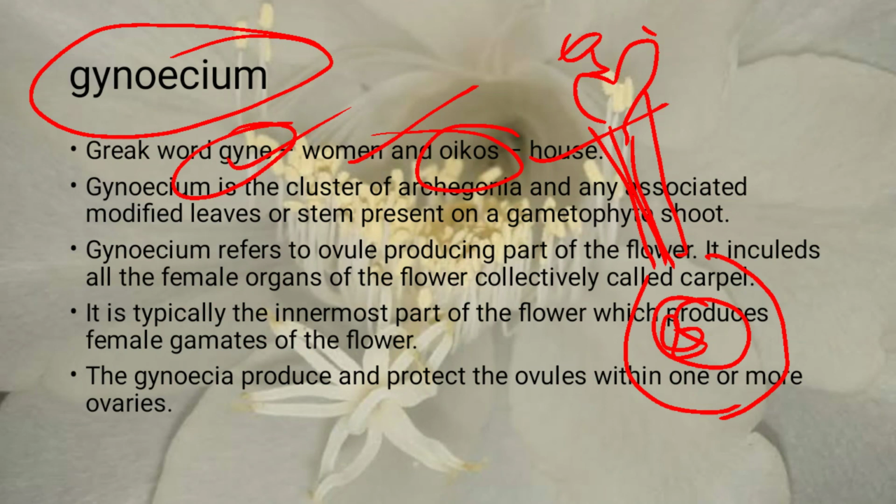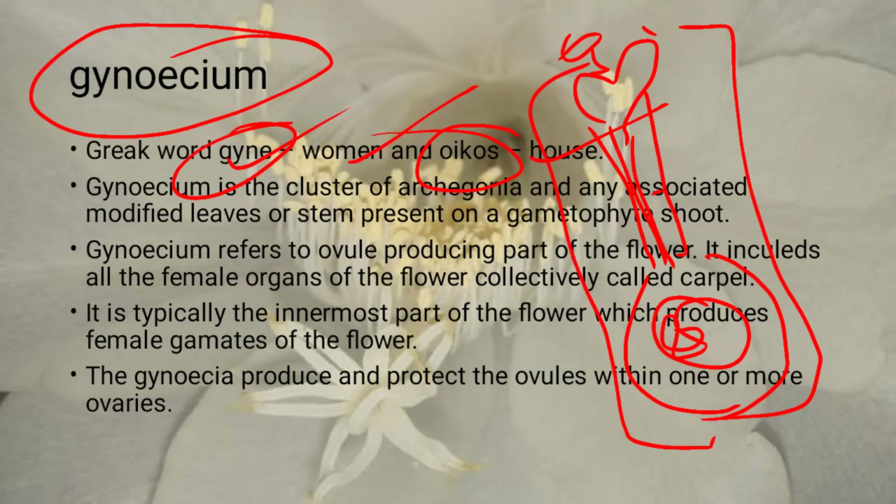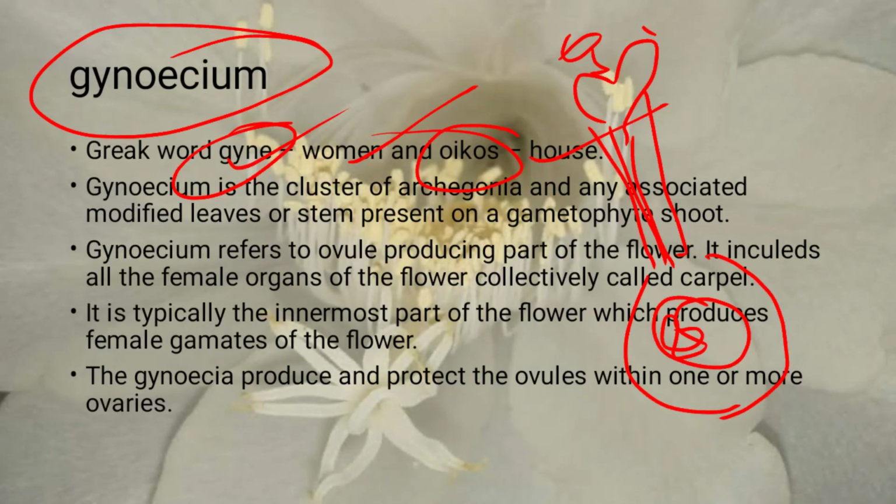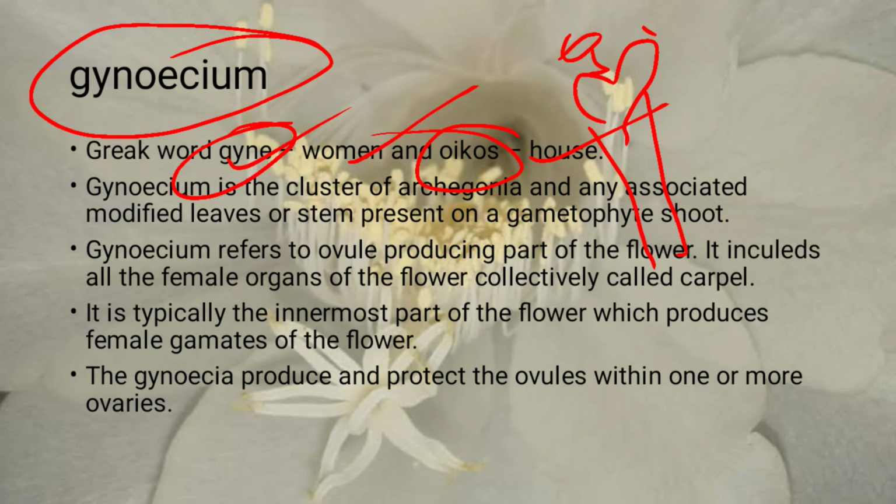So collectively, the structure with the stigma, style, ovary and ovule together is the female reproductive organ, and they are collectively called the gynoecium. These are otherwise called carpels. Sometimes, for reference, these carpels might also be called pistil.